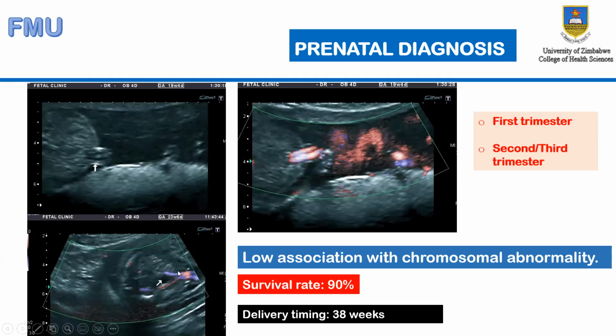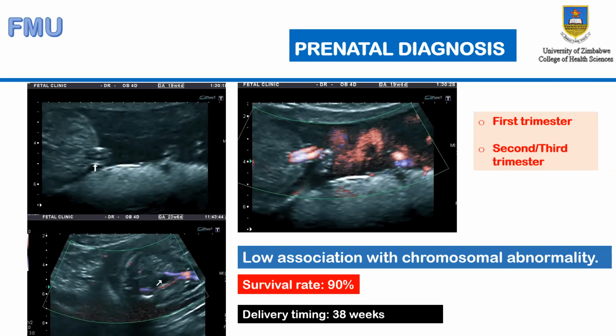Then when you come down to the baby's pelvis, you're going to see the bladder. This is the bladder here, shown by the arrow. You may need these colors, but you don't need these colors to show that there's a bladder. These colors help us to pick a 3-vessel cord. It's a very important part of anomaly screening because a single umbilical artery is associated with either chromosomal defects or defects of the kidneys or other defects.